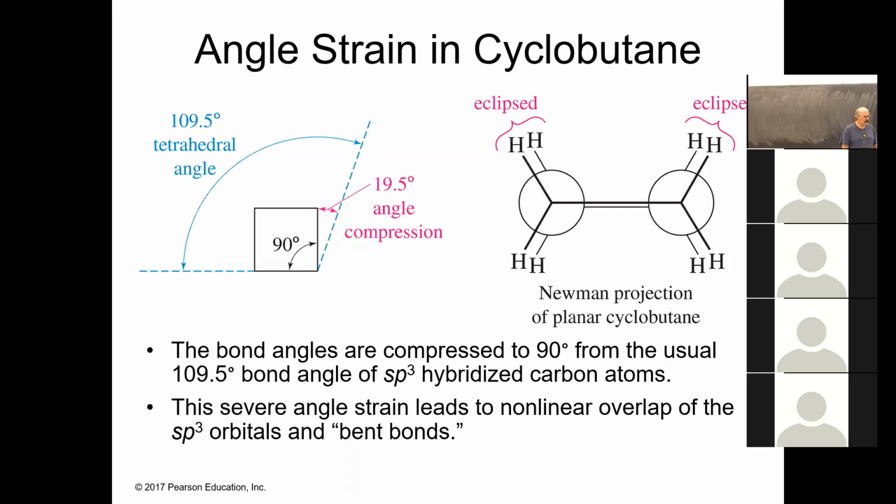The other type of strain, which is shown here, is torsional strain. When cyclobutane has all 4 carbons in the same plane, you have a square, and these hydrogens are eclipsed and their electron clouds will repel each other.